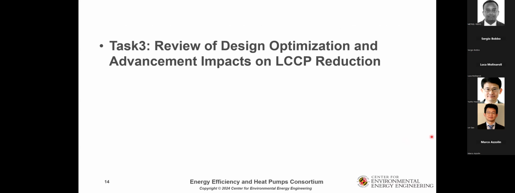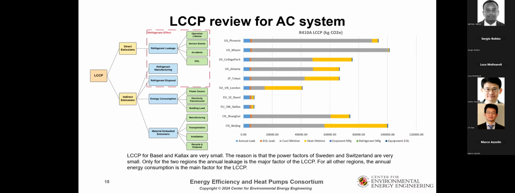So the last part shows the LCCP investigation. Here, this figure shows the LCCP breakdown in terms of direct and indirect emissions in each subsector, and this figure shows the LCCP result in different regions for R134a as an example.